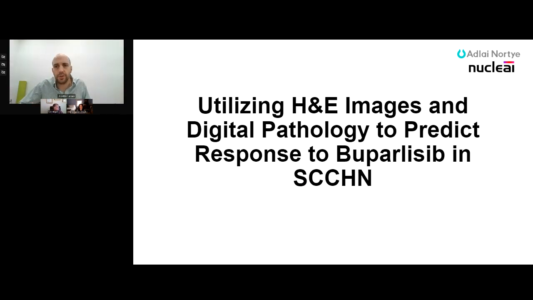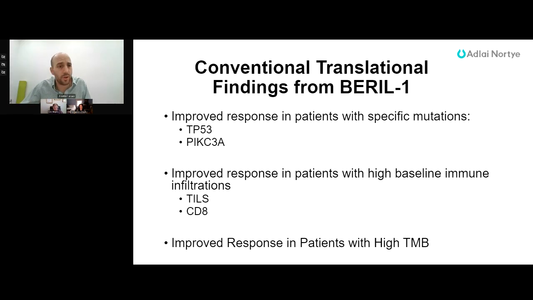So how do we actually use H&Es in these models to benefit our therapeutic drugs? The Barrel-1 trial was a phase 2 trial looking at papanosib, which is a pan-PI3 kinase inhibitor, in combination with chemotherapy in metastatic head and neck cancer.